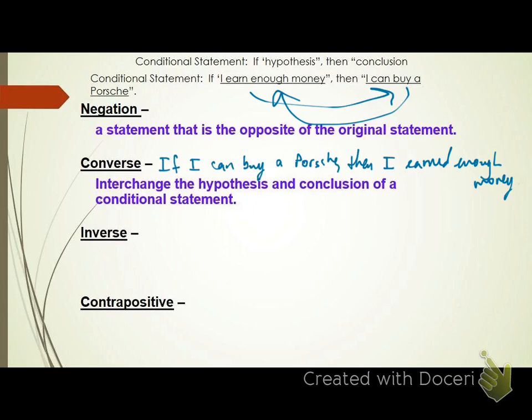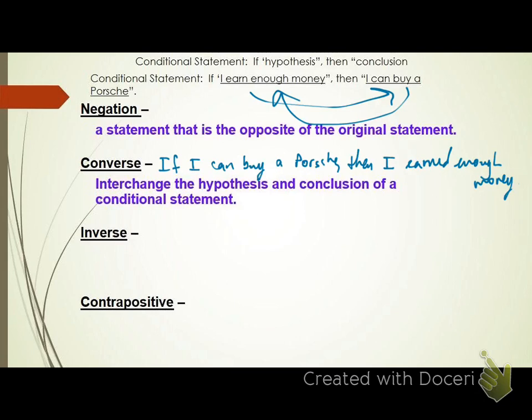Right? That's your converse. Is that true? If I can buy a Porsche, then I earned enough money? We can always argue semantics. What do you mean by earn? If someone gives you the money, then you're not earning it. But anyway, I think that was true in the true spirit of what we're trying to do here. Okay? But that's the converse.